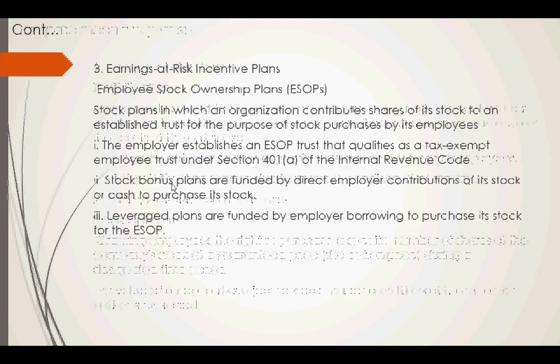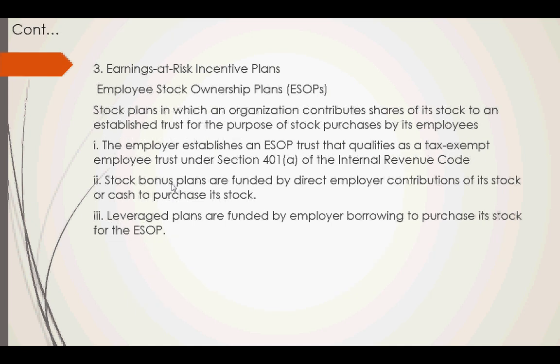Number three, earnings at risk incentive plans. Employee stock ownership plan. Stock plans in which an organization contributes shares of its stock to an established trust for the purpose of stock purchases by its employees.